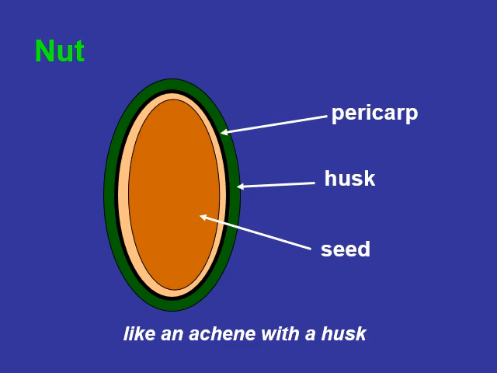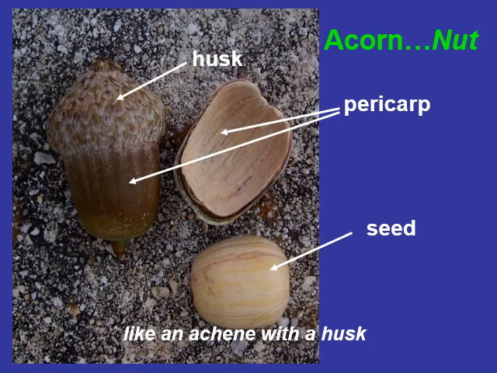There's a husk around the outside. So even an acorn, when you think about it, the husk is that little cap that goes on top of it. And then you take the pericarp off if you're fond of breaking acorns open for squirrels to eat, and then the seed is on the inside of it. And some acorns are edible. White oak trees have edible acorns.